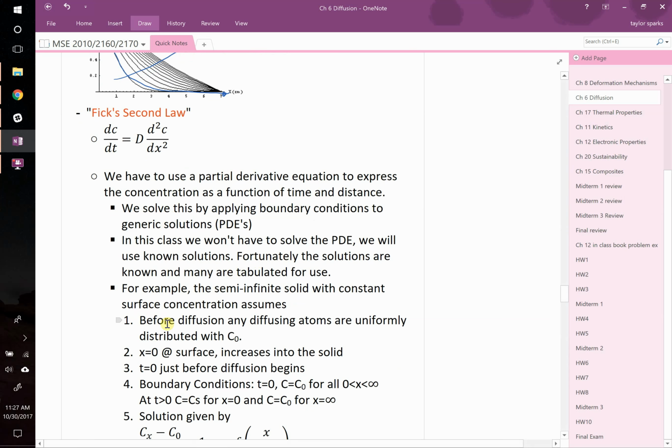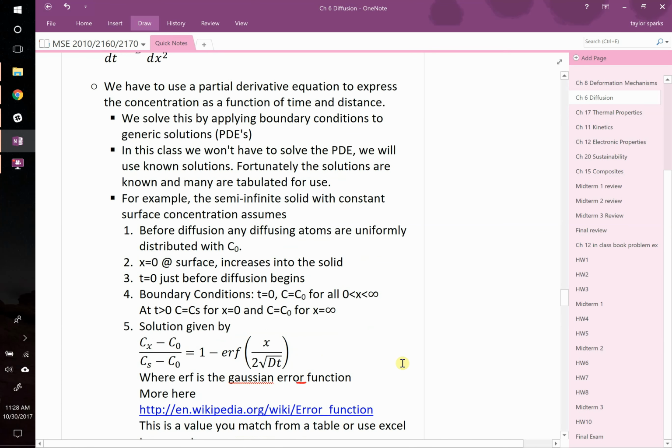First off, you have to say, okay, before diffusion, any diffusing atoms are uniformly distributed at C0, right? So if you have some sample, the diffusing species are already distributed. They don't have to be zero, but it has to be evenly distributed. You then say at x equals 0, that's the surface, right? At time t equals 0, the diffusion begins.